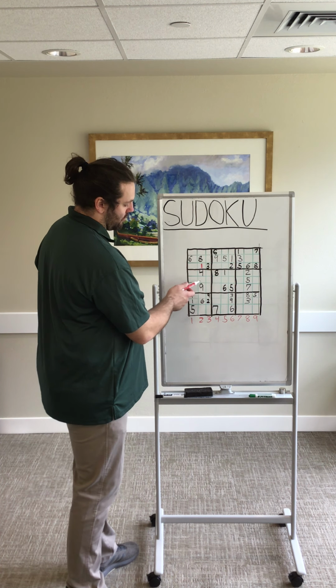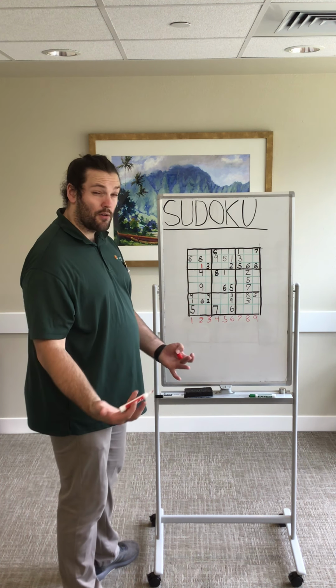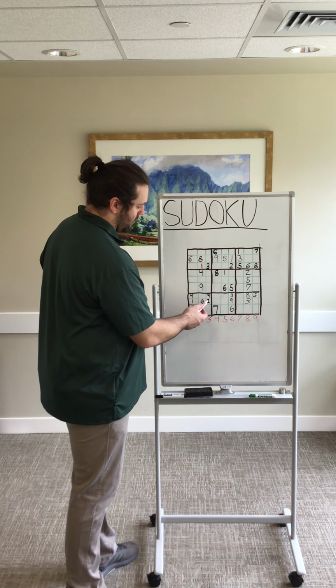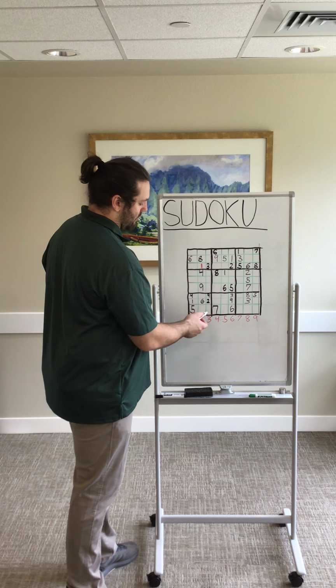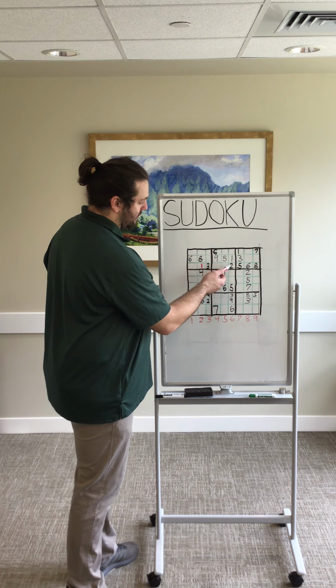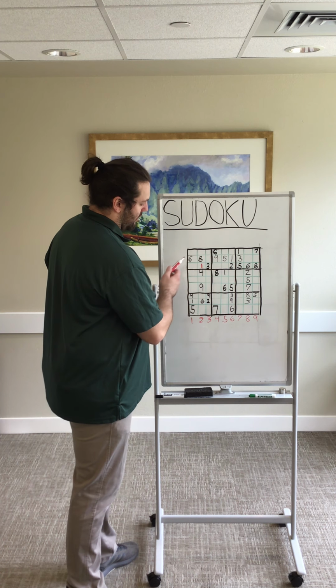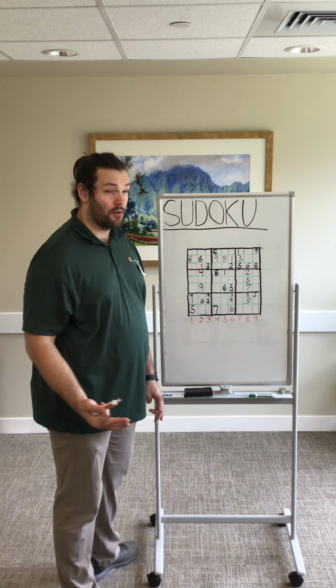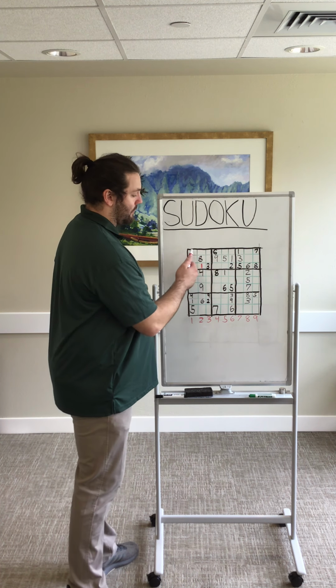That means 1, 2, 3 cells. Too many. We don't know which one is a 2. Can't do that. Let's go to the top one. This 2 takes out these 2 cells from this one. Unfortunately, this one takes out this one, and we're still left with 2 cells. Still don't know which one is going to be the 2.